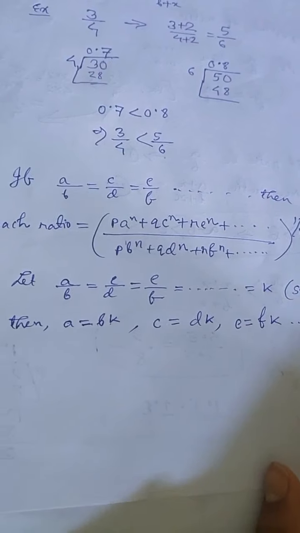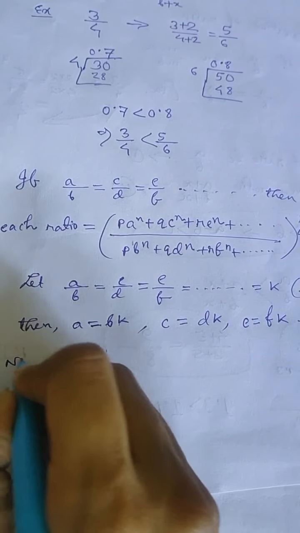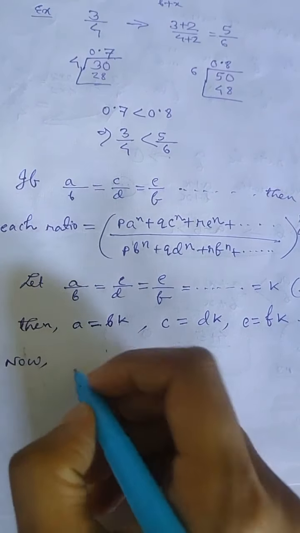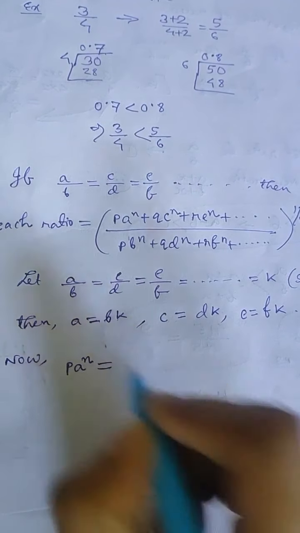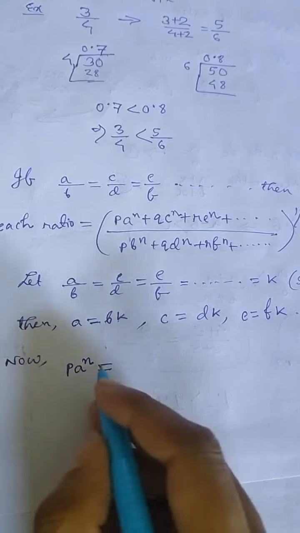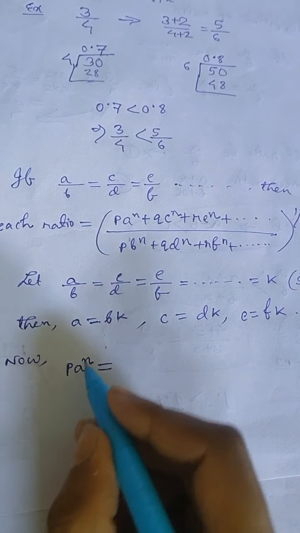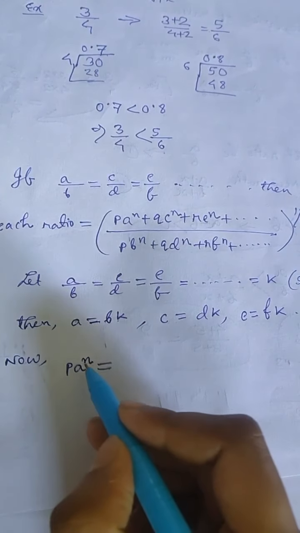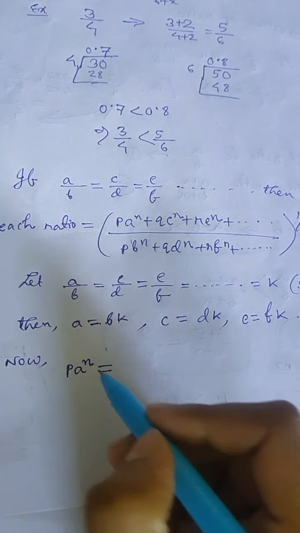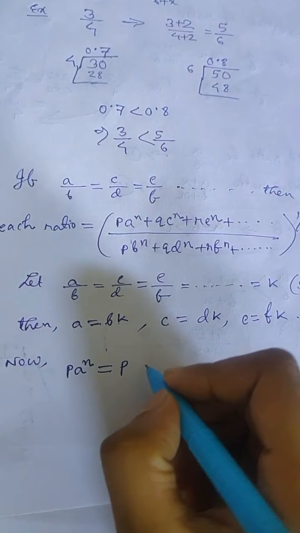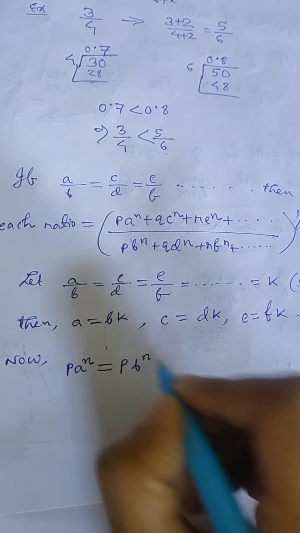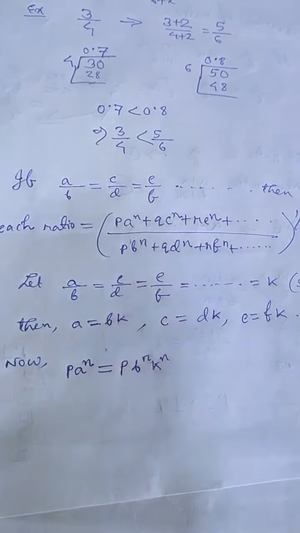Now p a to the power n equals, let's put the value of a in here. So p will be p, then a will be b to the power n, k to the power n.